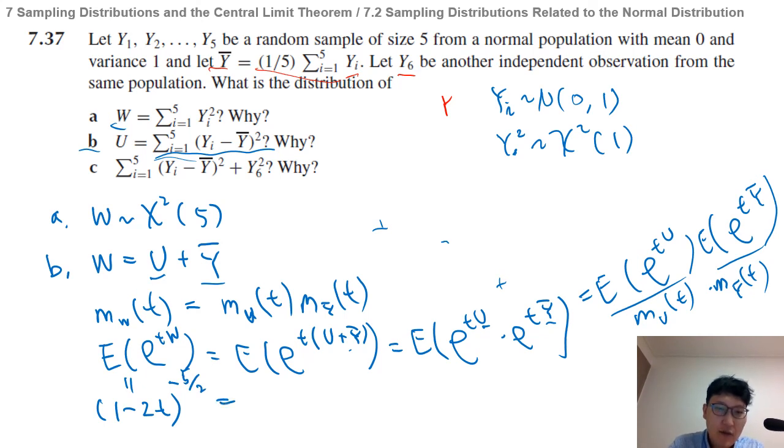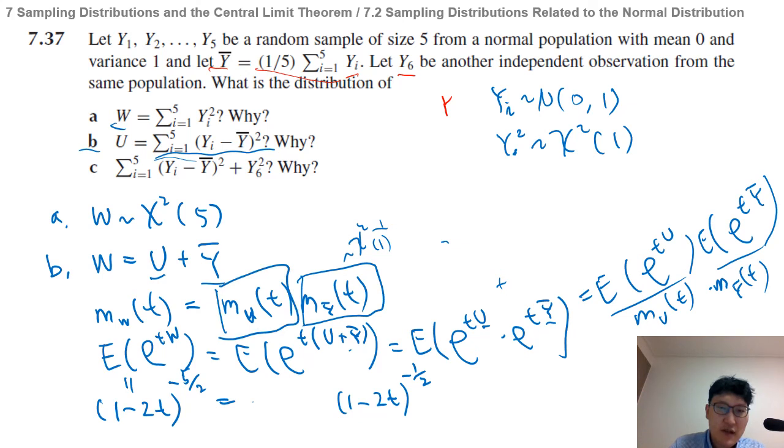Also, the moment generating function for Y bar is chi-square 1, and so this one is 1 minus 2t to the minus 1 over 2, and so the moment generating function for U is 1 minus 2t to the minus 4 over 2.